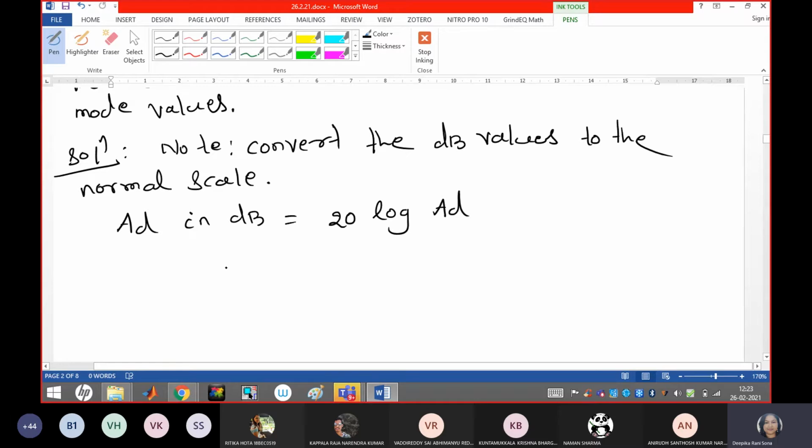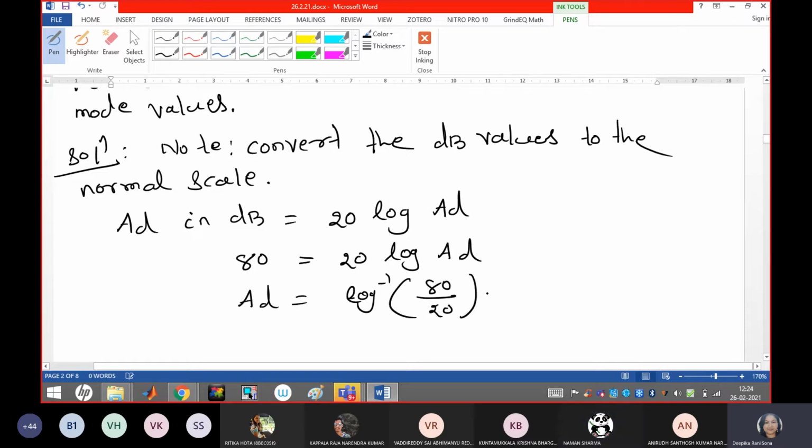So it means 80 is 20 log of AD. So what should be the normal value of AD? It should be log inverse of 80 by 20. So this value is 10,000.